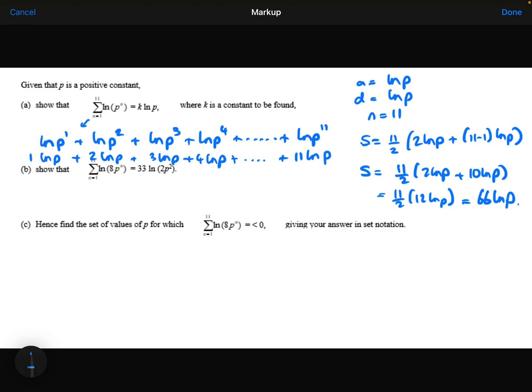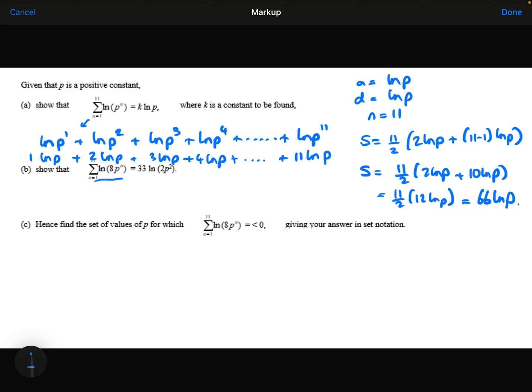Part B says to show that the sum from 1 to 11 of ln 8p to the power n is 33 ln 2p squared. So this is part B of the question. I'm noticing this is very similar to what we've just done, but I can't see how to use it directly just yet. So again, let me just write out the first few terms of this sum.